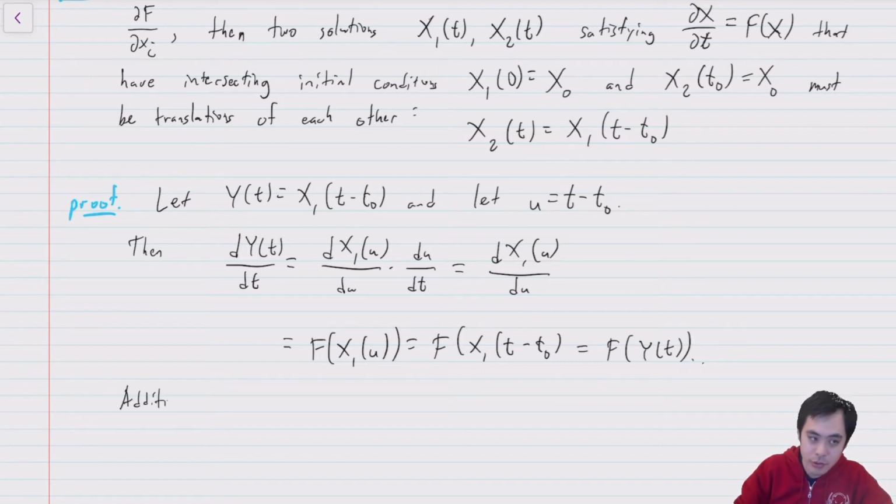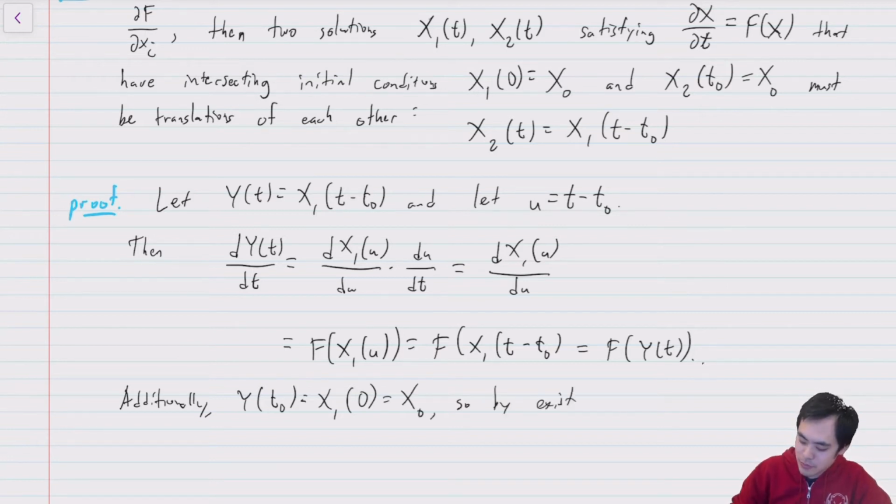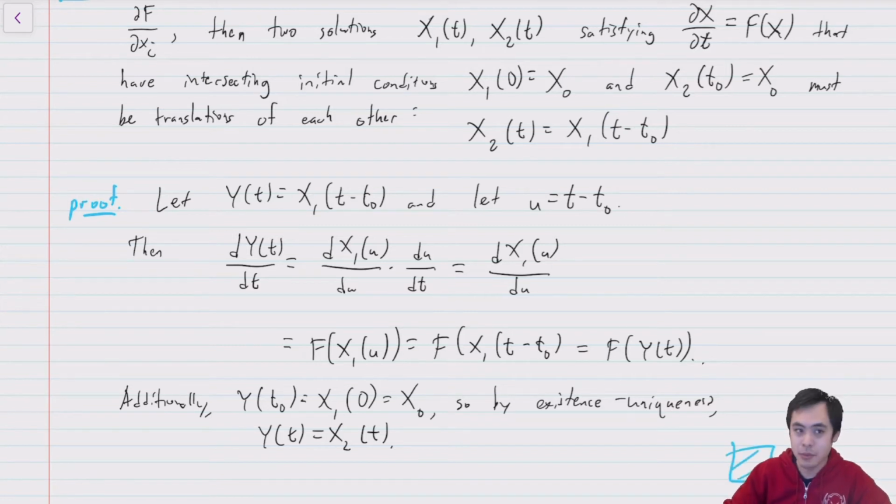Additionally, we also know that y of t naught is precisely equal to x1 of 0, which is equal to x naught. So by existence uniqueness, y of t is equal to x2 of t. And that completes the entire proof.